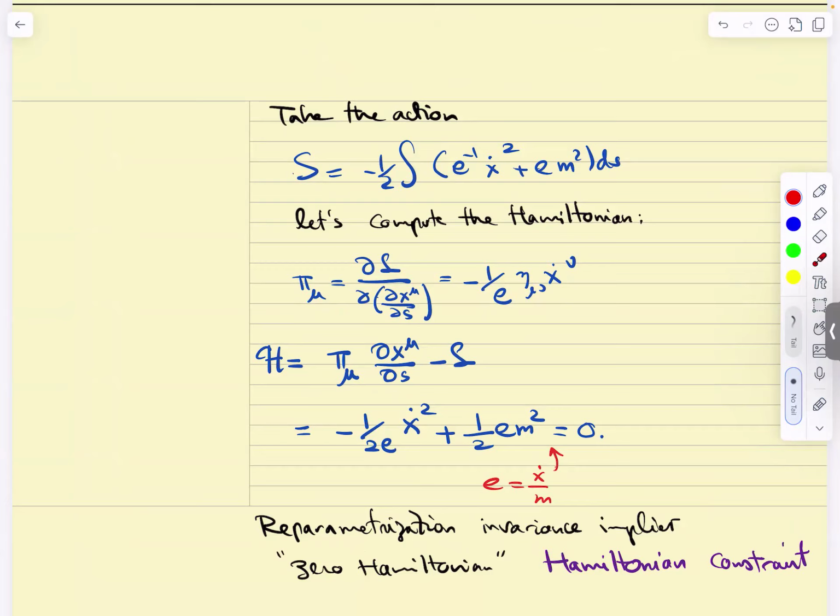Because from the point of view of the 0 + 1 dimensional field theory, your variables x mu are functions of s, but your action doesn't depend on s. So the Hamiltonian must be 0. There is no dynamics. You introduce an external parameter, an external clock, and then you require that nothing depends on it. So the thing that generates the Hamiltonian corresponding to that is going to be 0. That's the only way for it to remain consistent.